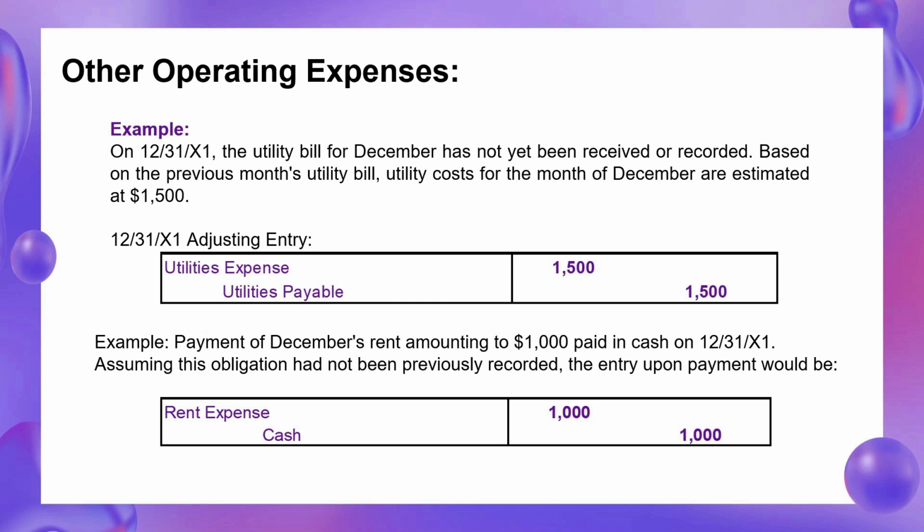The point in all of this is to simply point out that most of our operating expenses are dealing with the issue of timing, the matching principle, to make sure that we're reflecting the proper expense in the period covered by the financial statements, regardless of whether we prepaid these expenses or whether we're going to pay for these expenses in the near future or whether we're paying for them currently.